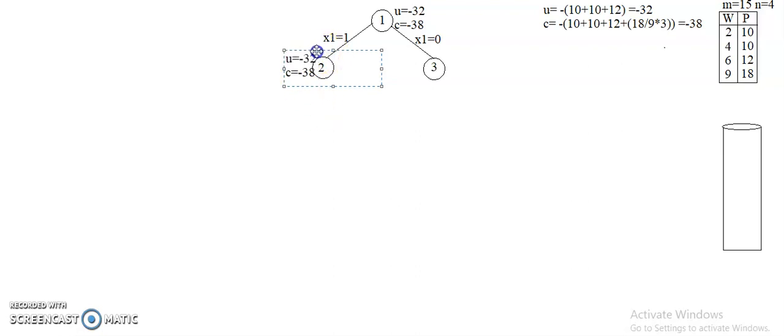This will be the cost and the corresponding upper bound of node number 2. Because the first item I have already considered for my upper bound, even if I add it nothing is going to change. If I calculate again, the first item can be added, the second item can be added, the third item can be added. So the upper bound will remain as it is, and the cost will also remain as it is.